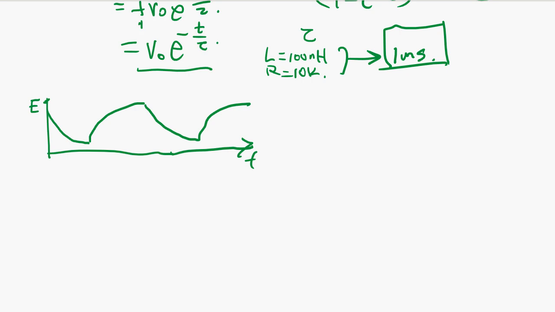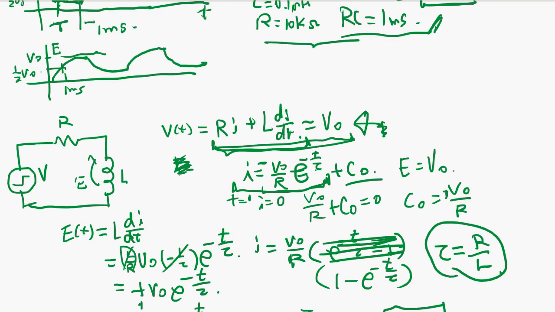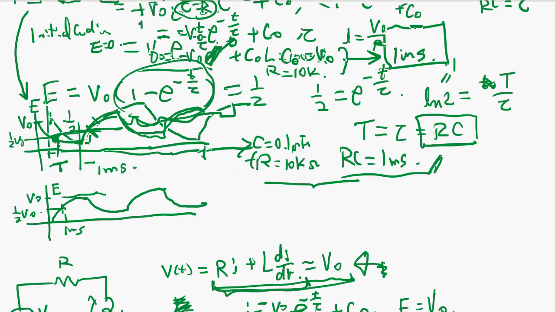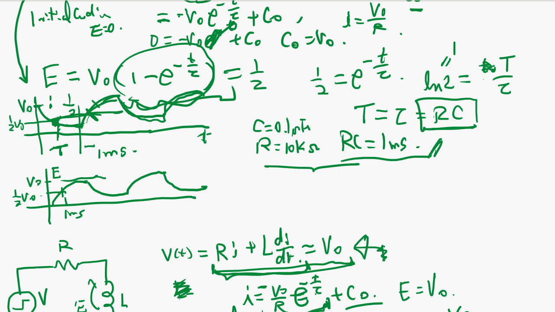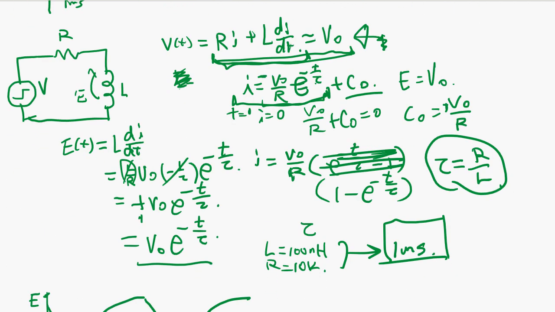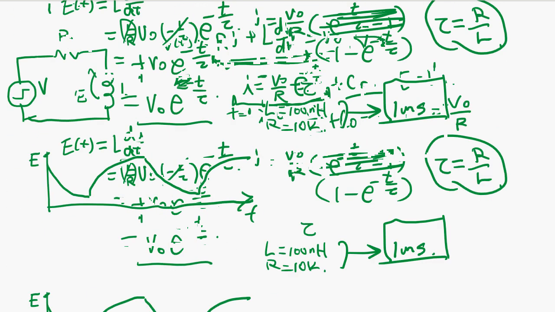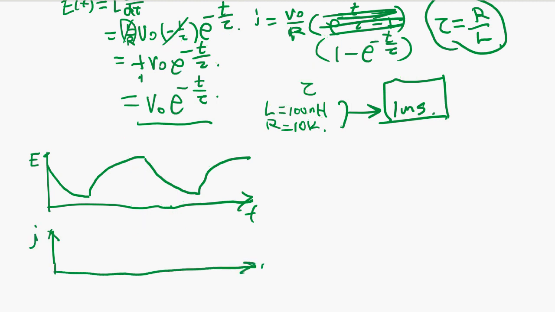You look at this waveform, it's the same as the current for the capacitance, and the voltage of the capacitance looks like that. The current for the inductance will be like that.